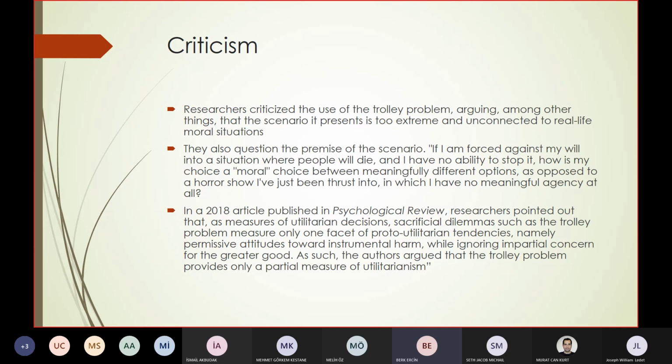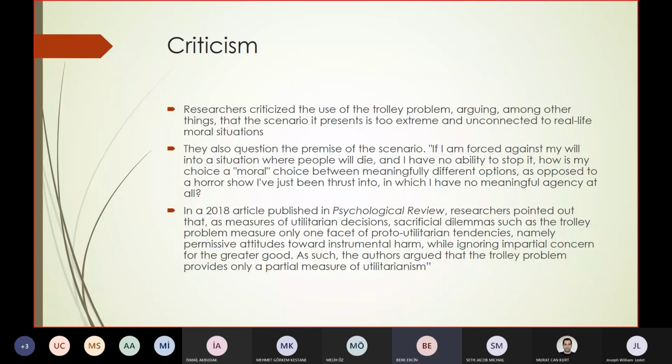They also question the premise of the scenario. For example, if I am forced against my will into a situation where people will die and I have no ability to stop it, how is my choice a moral choice between meaningfully different options, as opposed to the horror show I've just been thrust into, in which I have no meaningful agency at all?